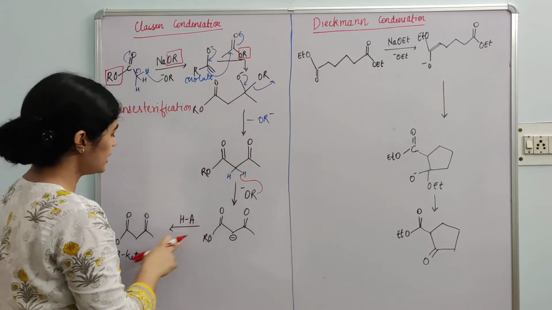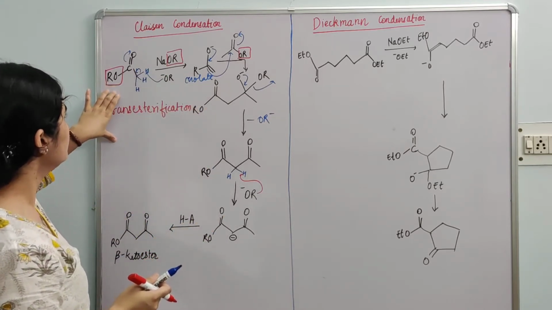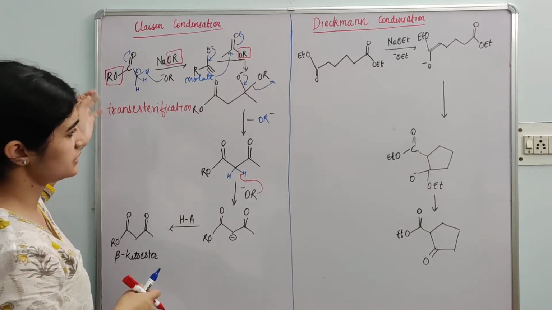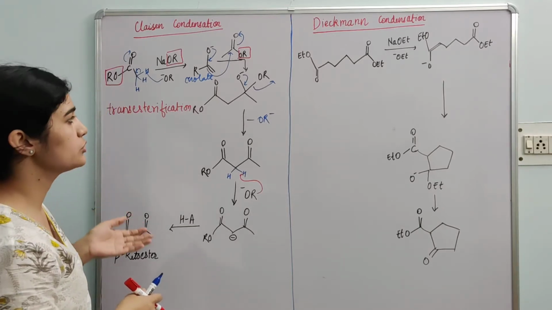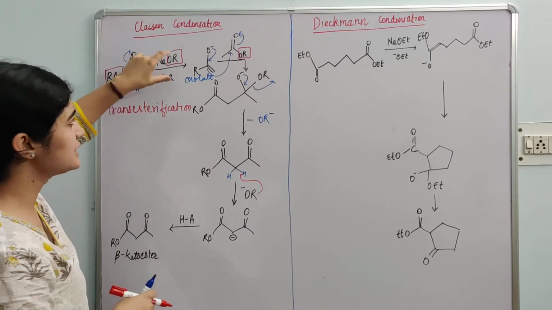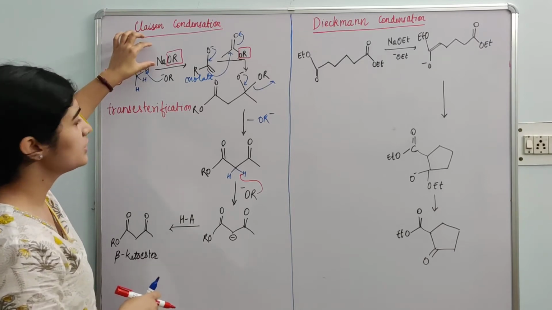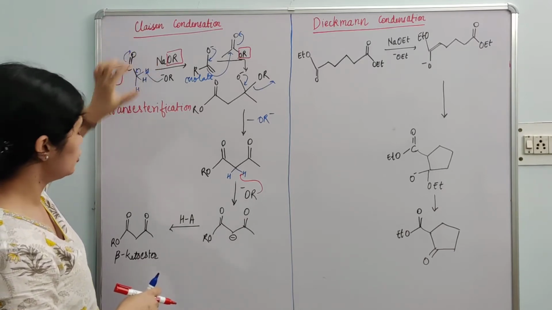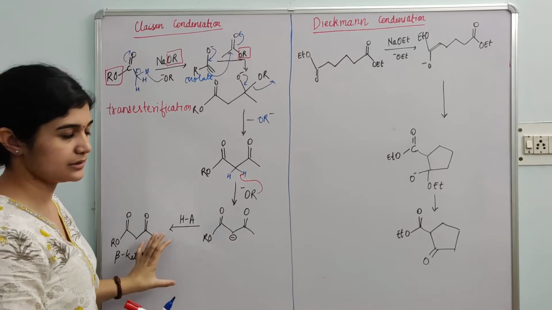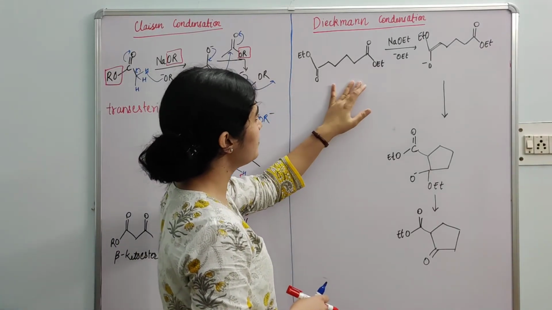This is your Claisen condensation reaction. Here you can have any other kind of esters or an aromatic ester also. But in short, it's an intermolecular condensation reaction of ester in presence of a strong base to give you beta ketoester.